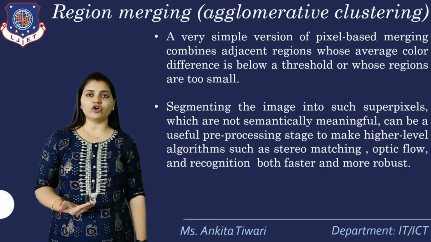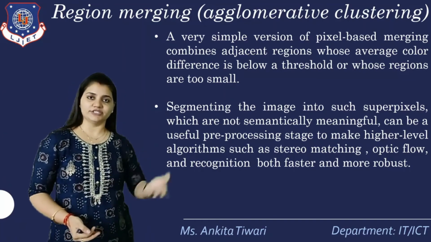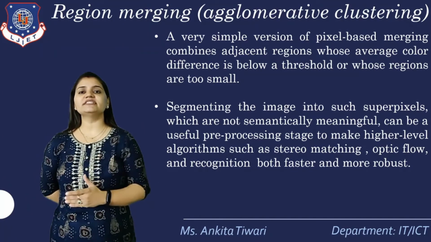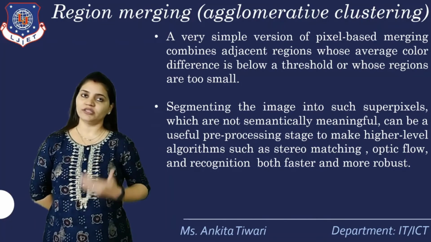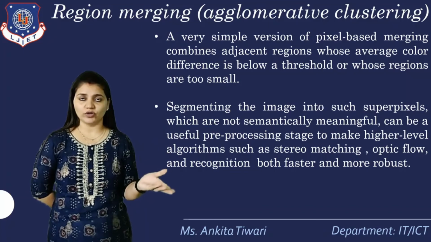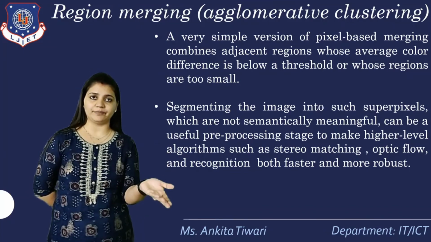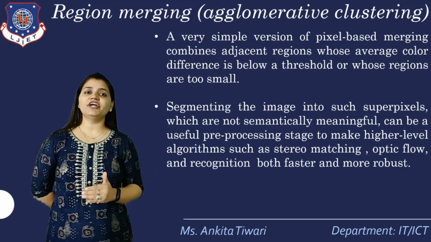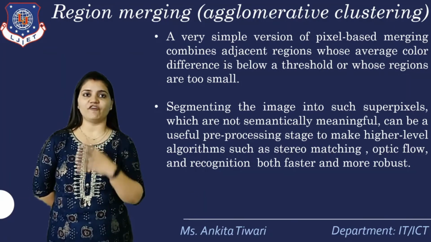Whenever we are talking about a particular region, or going above the region, we are always dealing with segmentation. Here the segmentation is totally based on the pixel, on the clustering part. Clustering is also of two types, which we have already discussed. Whenever we talk about clustering, it is based on pixel formation.